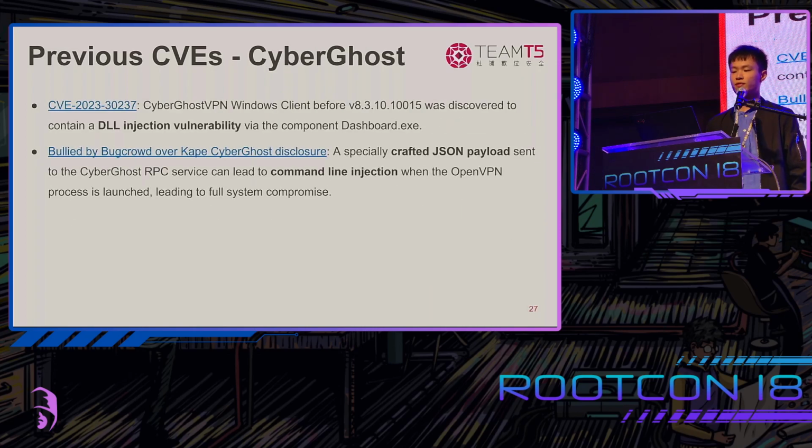Previous CyberGhost CVEs include CVE-2023-30237. It describes a DLL injection vulnerability, which initially confused me. How could DLL injection itself be a vulnerability? But after reading the next reference, I realized that the vulnerability actually involves using a named pipe to send a malicious JSON payload, leading to command injection and privilege elevation.